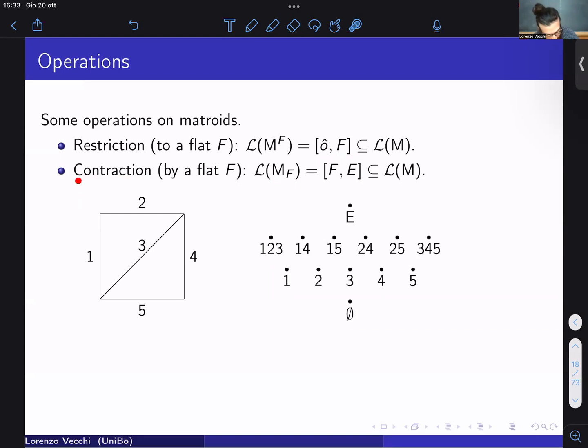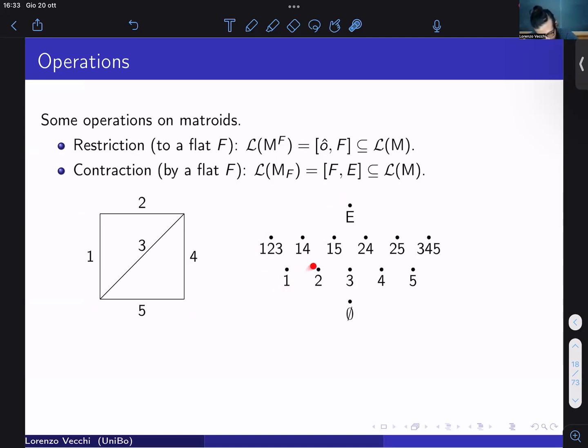And we call it contraction because this is exactly the operation contraction on graphs. So for example, anytime I have a graph, I know that I can contract an edge, for example, the edge 1. So I can remove the edge and identify the two endpoints. What I obtain is a new graph, which is again a matroid.